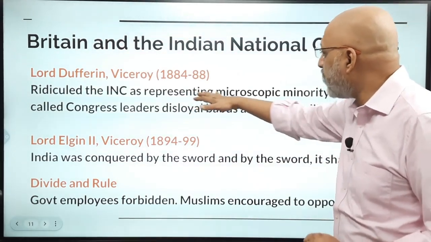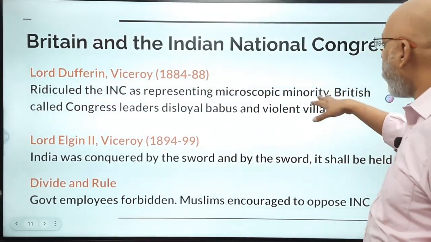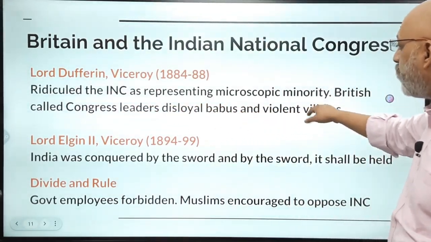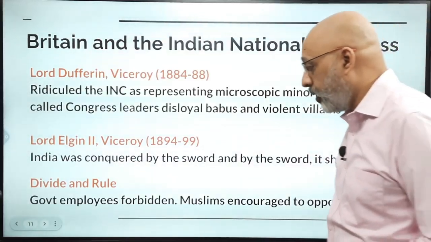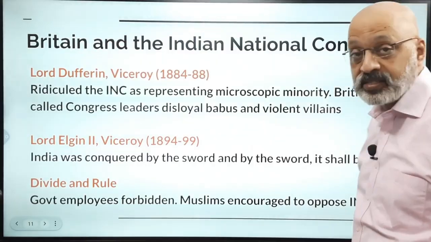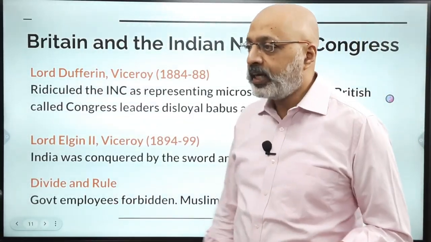So they were representing a microscopic minority, and the British started calling Congress leaders disloyal babus and violent villains. Okay, not very polite or parliamentary words to use, but that's what they did.